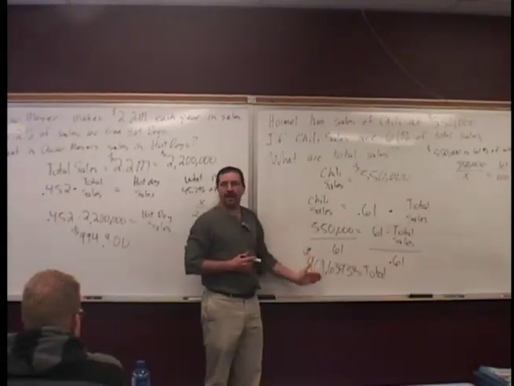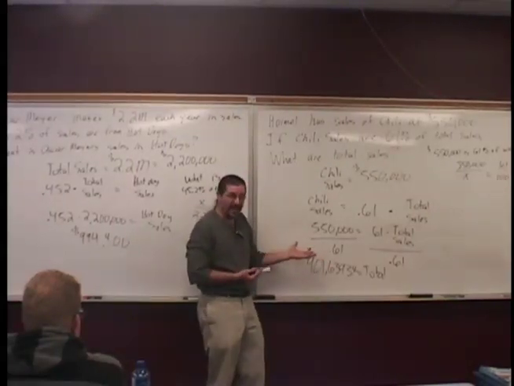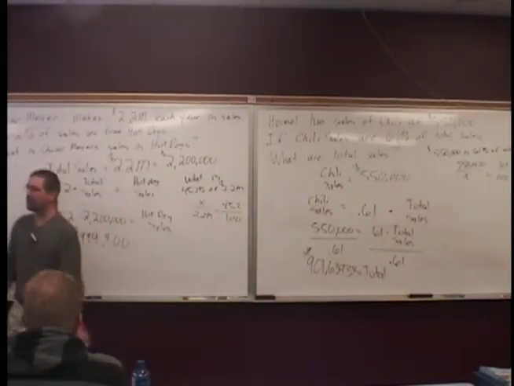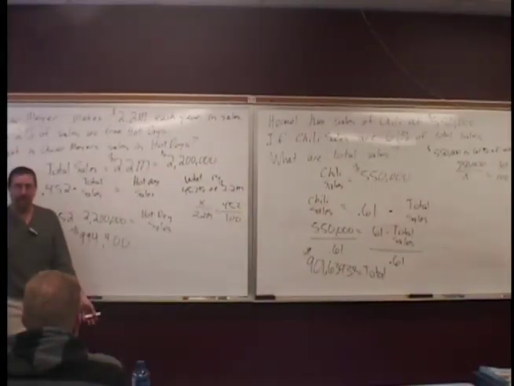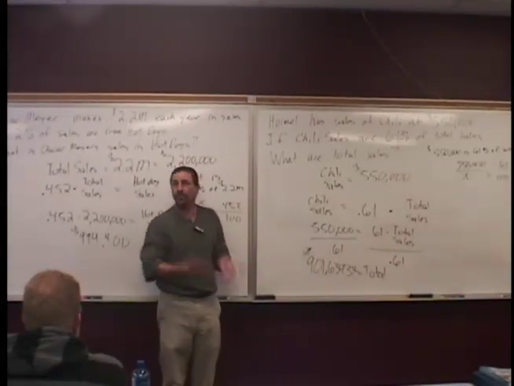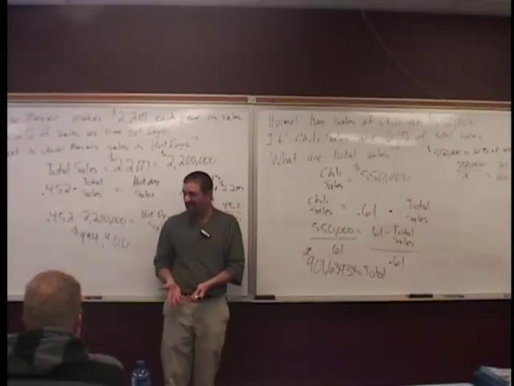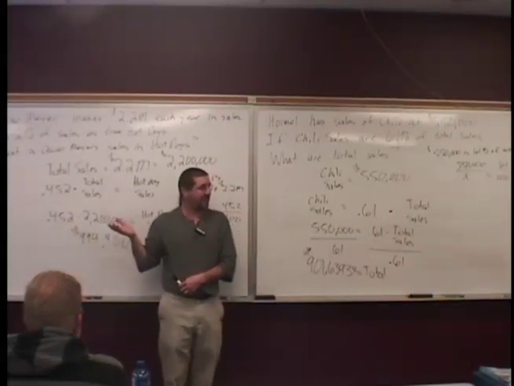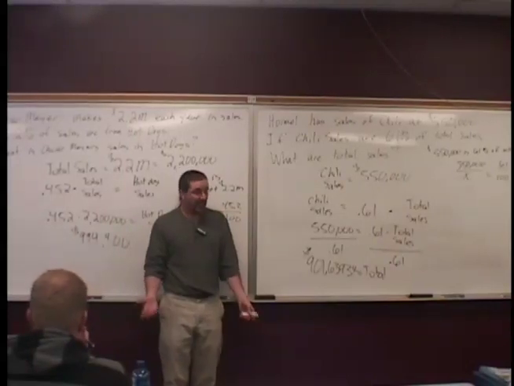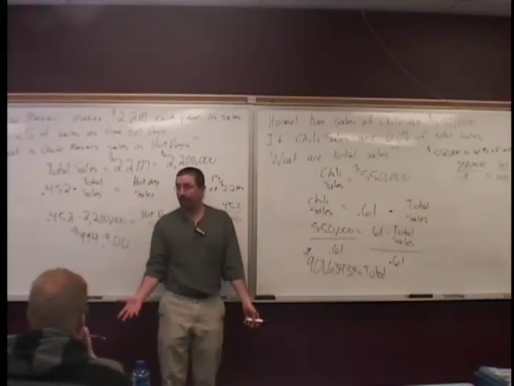If you look at your answer, see if it makes sense. Don't just get the answer and then skip merrily along to the next question, okay? Think about it. This is reality. All of these questions are going to be based in reality. If you tell me that total sales are less than a percentage of sales, you have screwed up, okay? Money makes sense. Don't screw that part of it up, all right?